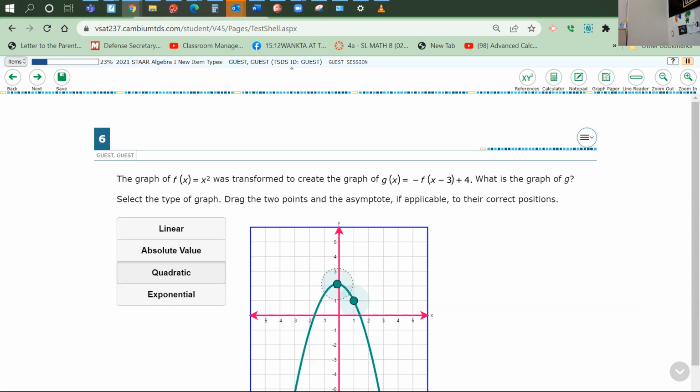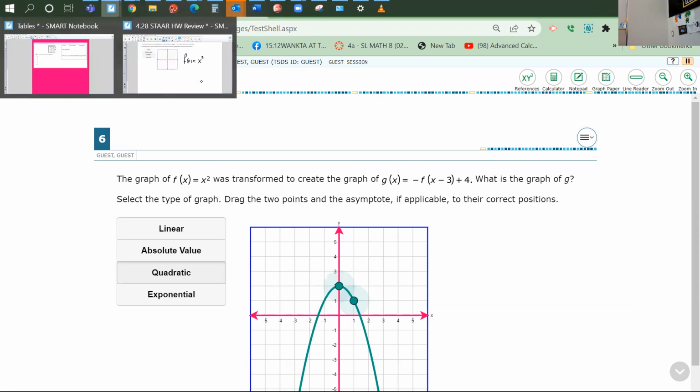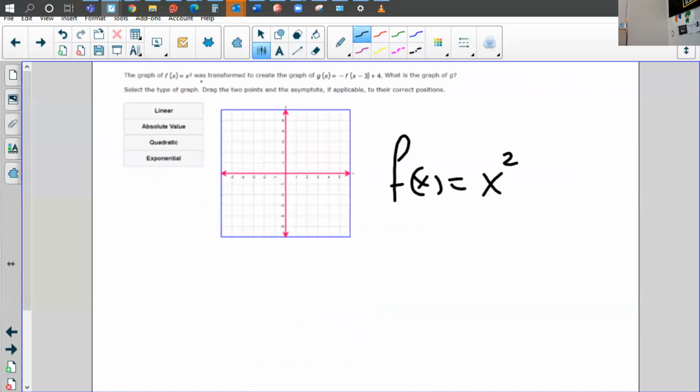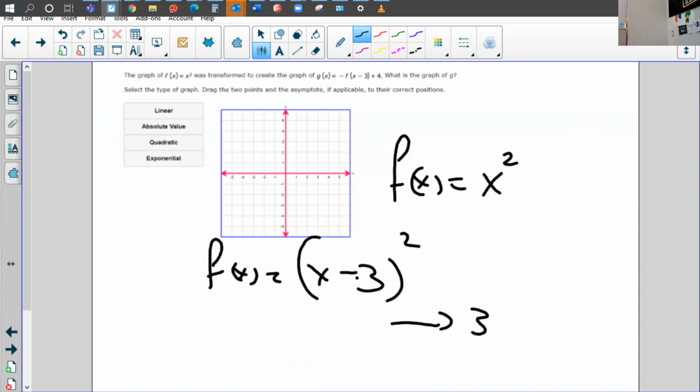I flip the graph now. Now, what's the next transformation? We have x minus 3. Remember in transformations, all this is in the videos, if we have f of x is equal to (x minus 3) squared, the x minus 3 tells you the graph went to the right 3 units. If this was a plus, then it went to the left 3 units.